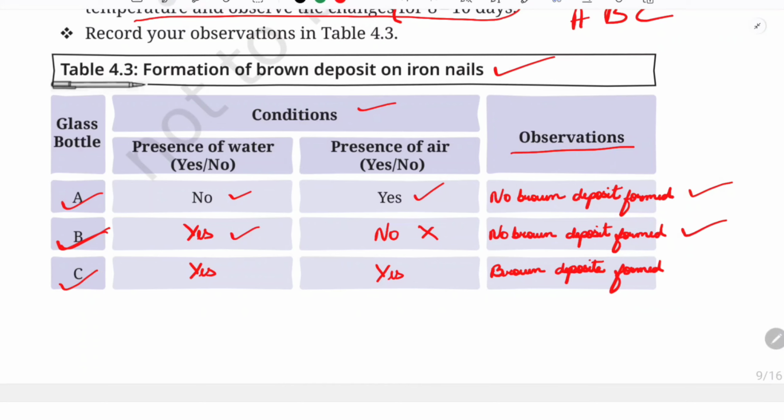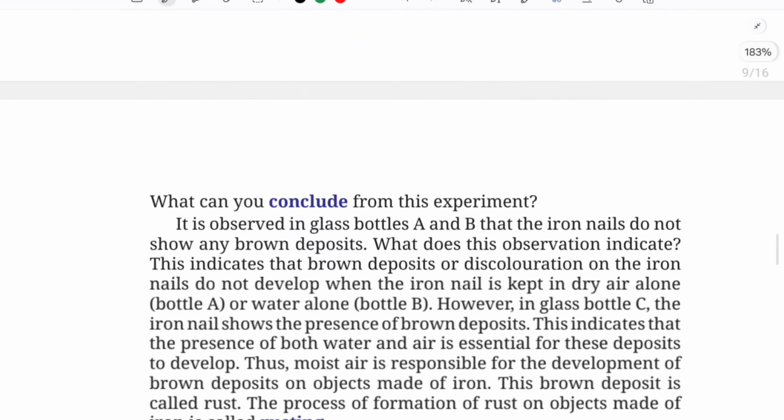That means only in the presence of water also you will not find any rusting on the iron nail. And now see, in C what we have done, there was presence of water, yes, and there was presence of air, yes, isn't it? So here in this case we will observe that a brown deposit was formed. That means only in the presence of both water and air does the process of rusting take place. Okay, further explanation we will see here, it is given.